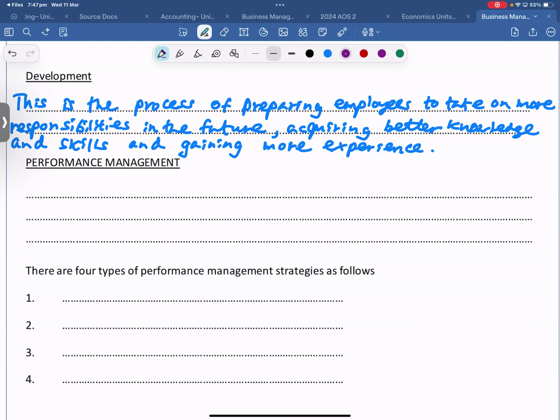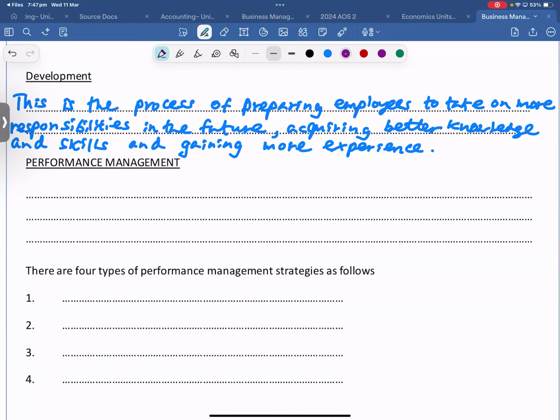However, more specifically, we are trying to improve the individual performance. So when we improve the individual performance, automatically what will happen? Business performance will be improved. So what we are trying to do here is link the business performance to individual performance of the employees, so that we are trying to achieve the objectives.